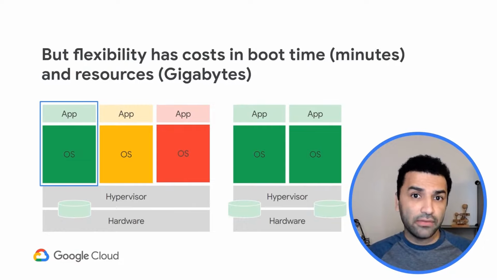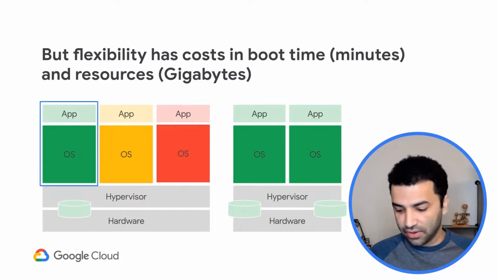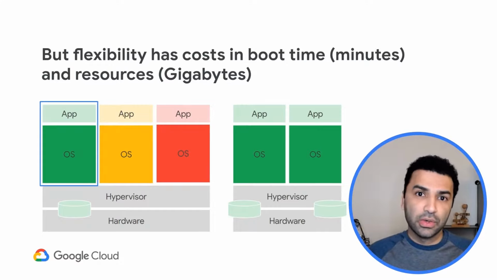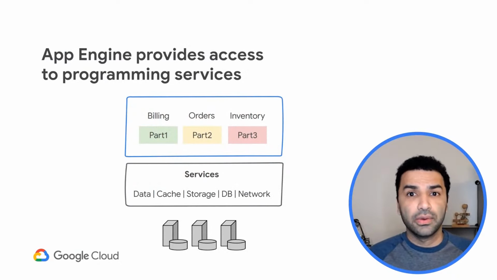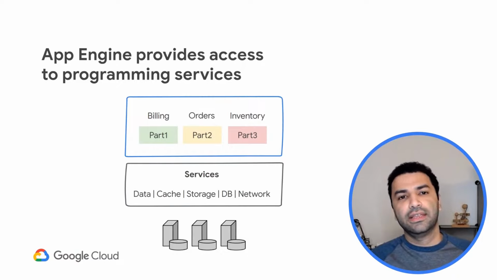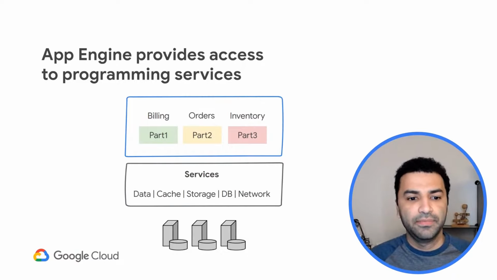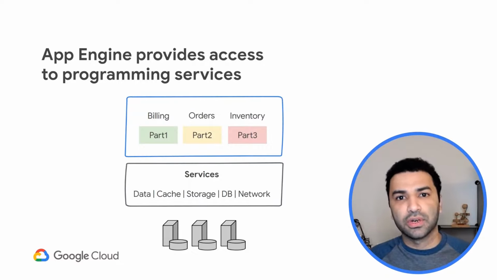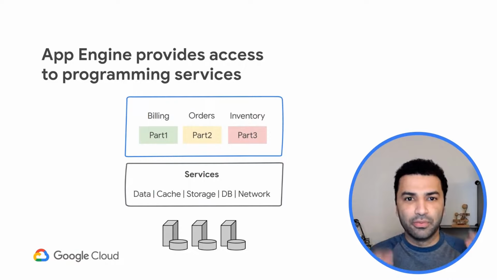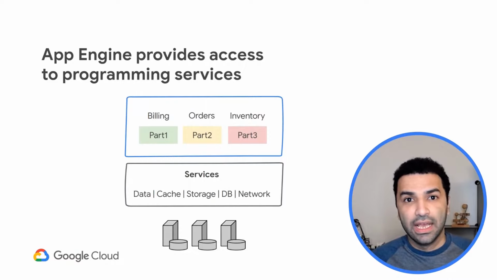While it is okay for some enterprises and companies, and this is the best solution that serves their needs, we also offer another set of services where we tell you, how about we take care of that behind the scenes for you? You don't really have to look at the virtual machine or know what's going on behind the scenes. We will abstract the services from your actual code. We will give you a platform, you put your code, and we will run it for you. That is basically what we call App Engine.